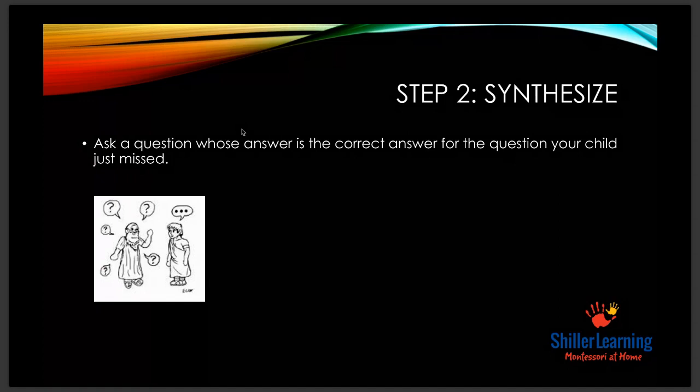We'll go through examples. If the child has just incorrectly answered what's 5 times 7, you're going to ask a series of questions that are designed to help them discover their own mistake.